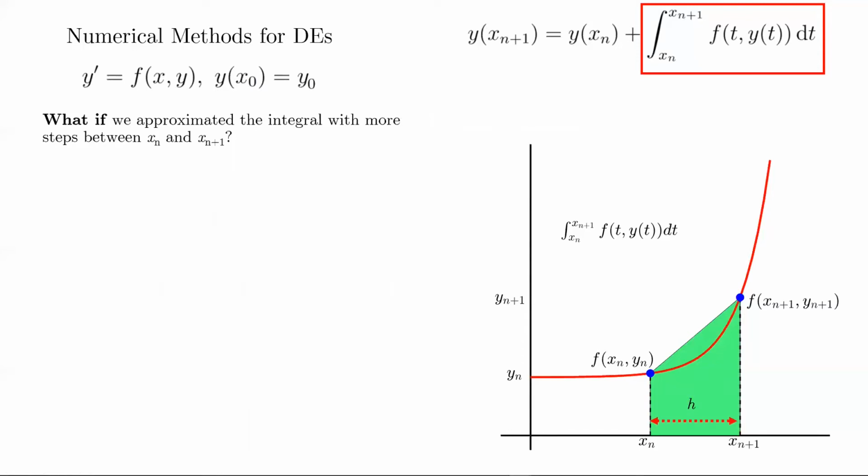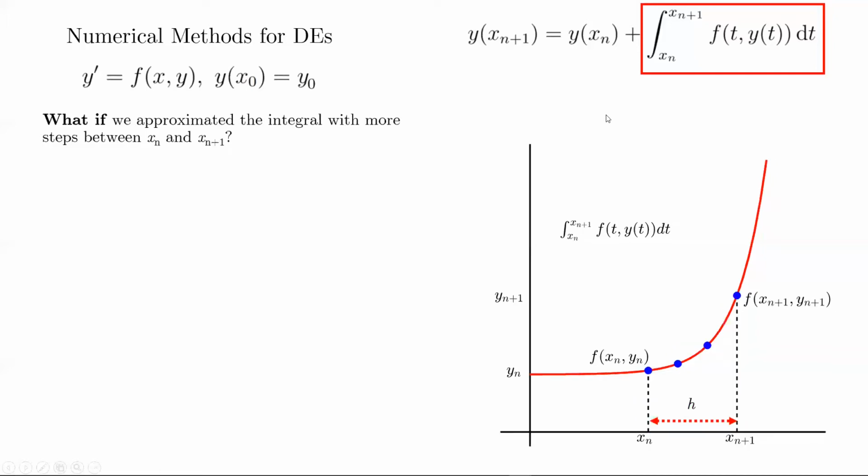But what if we approximated the integral with more steps between xn and xn plus 1? We're not reducing the space step h here. We're just increasing the number of points to make that approximation of that integral.